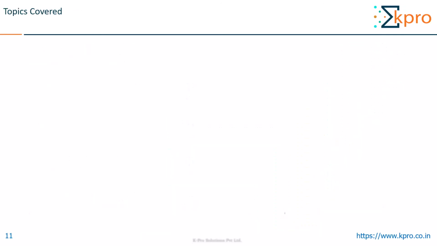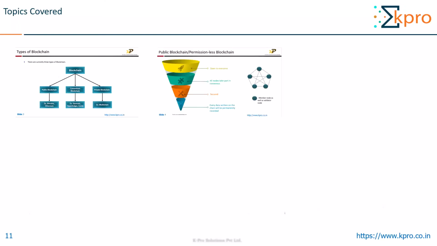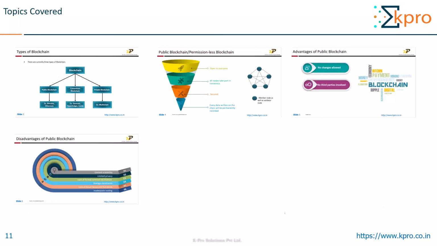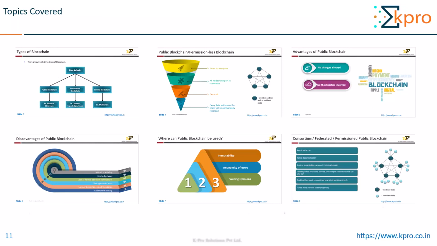Now let us have a quick recap of all the topics that we have covered in this video. In the beginning, we saw the different types of blockchain currently available, which are three types: public, consortium and private blockchain. Then we saw what we mean by the public or permissionless blockchain, the advantages of the public blockchain, a few disadvantages of why we should not use it, and where we can use a public blockchain.